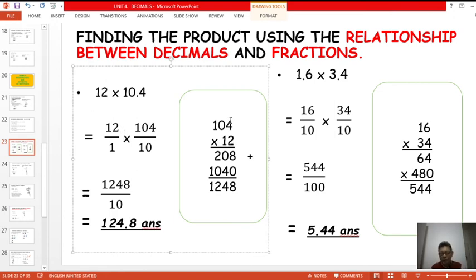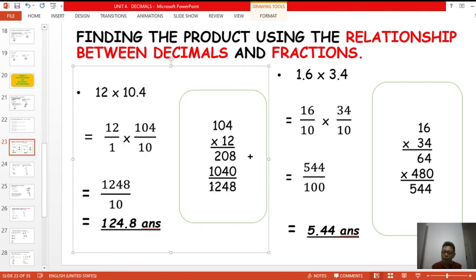Or let's try to do this one at a time. 2 times 4 is 8. 2 times 0 is 0. 2 times 1 is 2. 1 times 4 is 4. 1 times 0 is 0. 1 times 1 is 1. Then add them up.